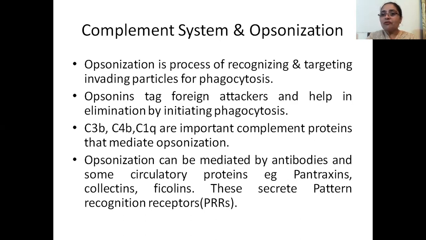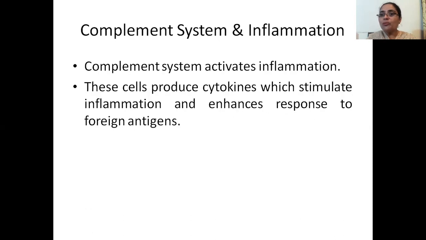These pattern recognition receptors are important for neutrophils to start functioning. Their functional abilities are increased if there are pattern recognition receptors on the pathogens that have to be engulfed. So opsonins tag or create such conditions in which our immune cells start functioning in a better way. And that is what complement is doing: enhancing the ability of both kinds of immunity, innate as well as adaptive.